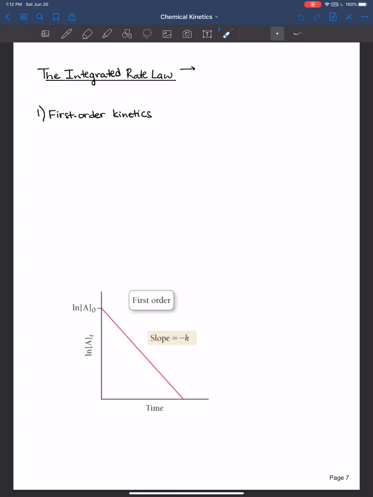Hi everybody, welcome back. In this video, we will discuss the integrated rate law. The integrated rate law allows us to see the dependence of concentration as a function of time.